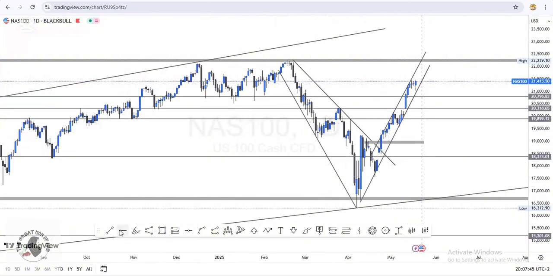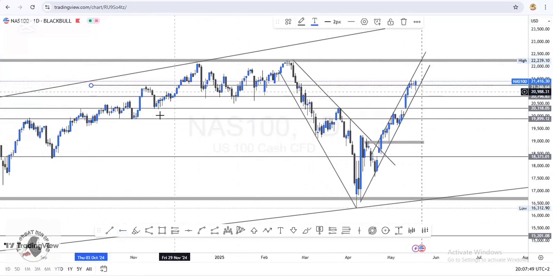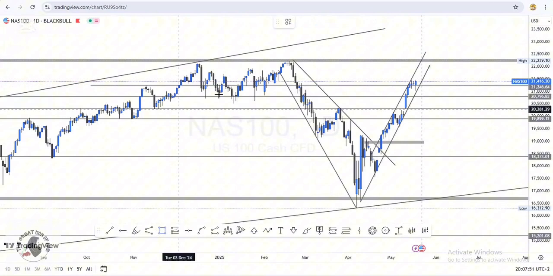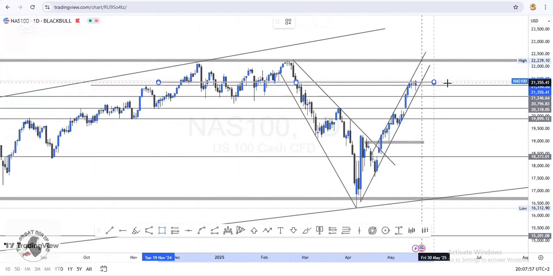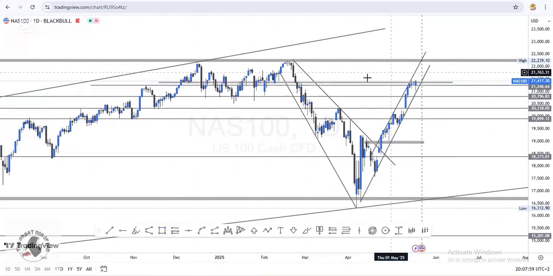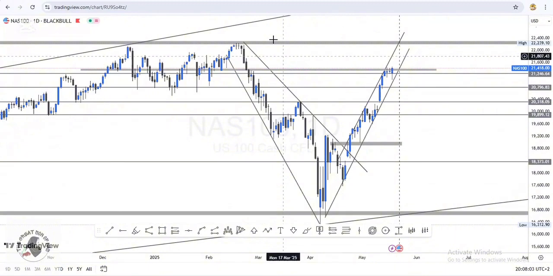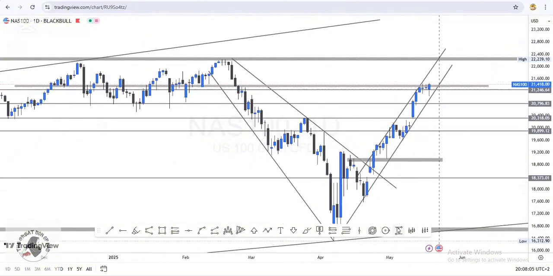We still need to identify those zones, because this is a 1 day time frame, so these zones on a bigger time frame get to be respected. So this is a zone here, because you can see that once the market touches that certain point, the market tends to reverse.